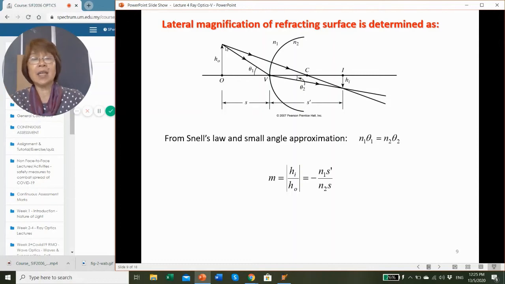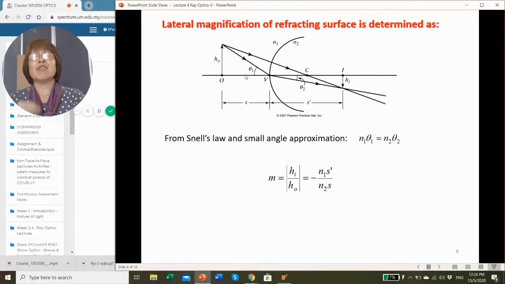And the other ray will be the ray that passes through the refracting surface and through the center of curvature. Now, this ray will not be deviated, will not bend, because it is at normal incidence. So when these two rays meet, that's where we locate the image, and we give it hi as the height.